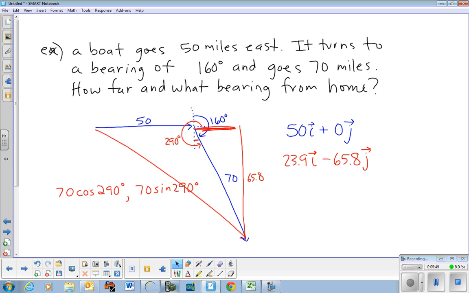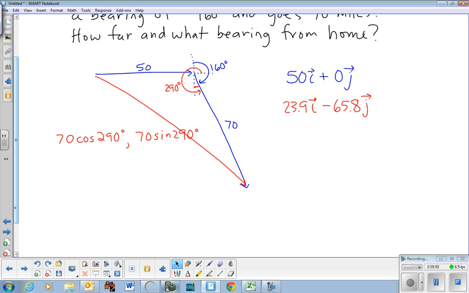If changing it over to the 290 doesn't sit well with you, basically we could just redraw what we know. We've got a right triangle down here. This is 70. This is 20, again because the bearing of 160 was my given bearing.